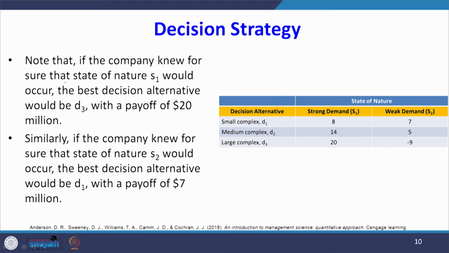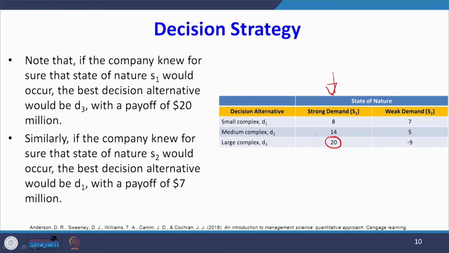Note that if the company knew for sure that the state of nature S1 would occur, say with the help of the marketing research company, that the state of nature is going to be strong demand, what will be the best decision alternative? Our best decision alternative is D3, that is $20 million.